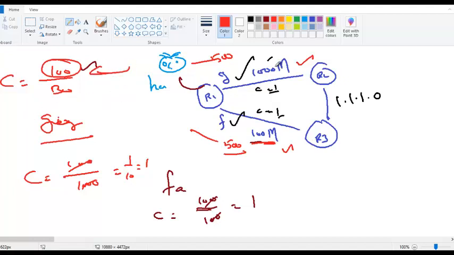Any number above 100, even if it is 10 gig. 10 gig means what? There will be another additional 0. Even if you put these many zeros, OSPF will say this and this are the same. For OSPF, it cannot differentiate because the numerator is 100.